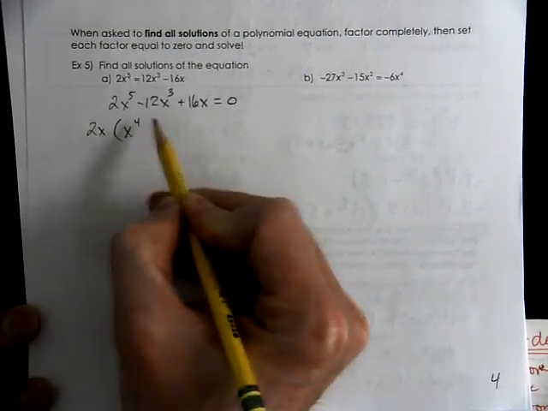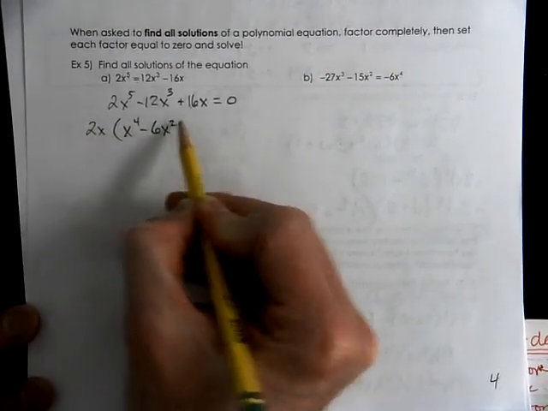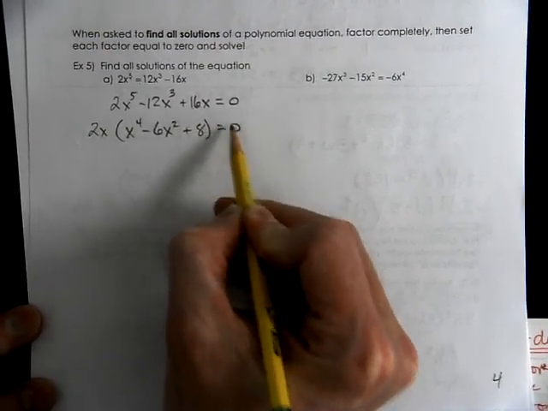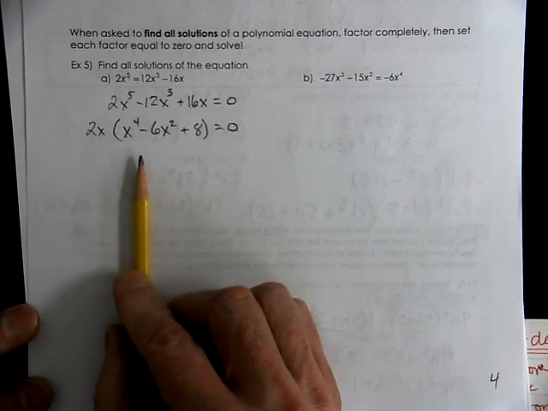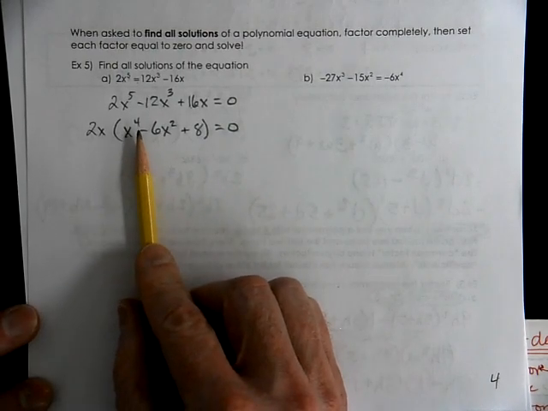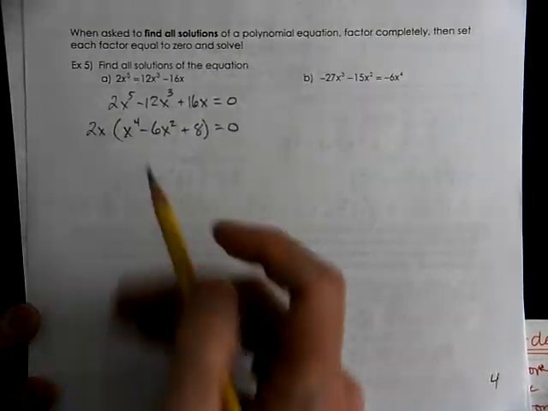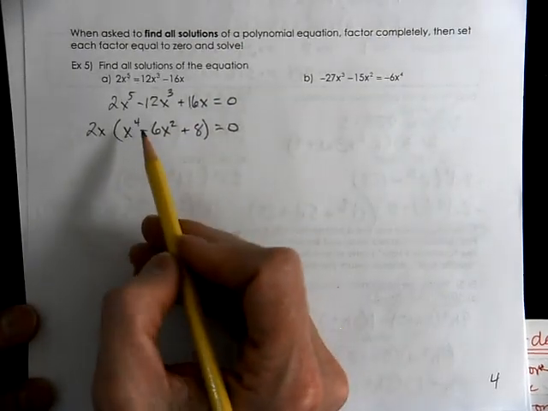So this is x to the fourth minus 6x squared plus 8. Now I said we didn't have any special rules for factoring fourth powers, because we're not going to treat it differently than we do a quadratic. We're going to treat this just like a quadratic.